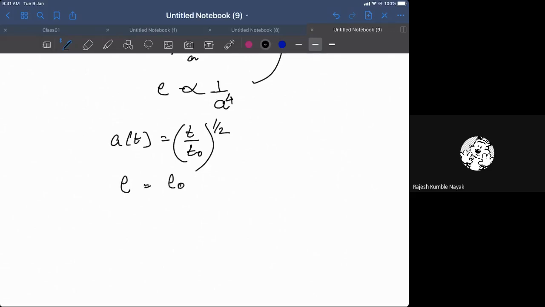We can write it as rho naught by a to the power 4, and then rho naught into t naught square by t square. So if the universe were filled with radiation only, you can see how it expands. The age of the universe would be different than what we have seen.